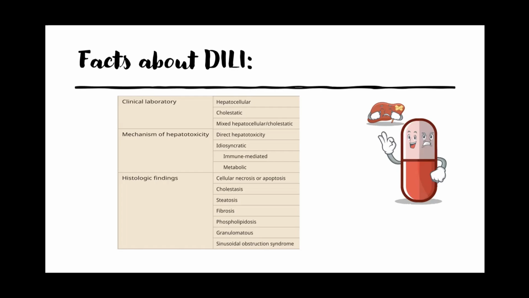But there is another type, idiosyncratic, which is usually immune mediated, usually doesn't have a fixed latency before causing the injury, and is usually not dose dependent. Some medications with one dose can cause liver injury, with variable latency time.